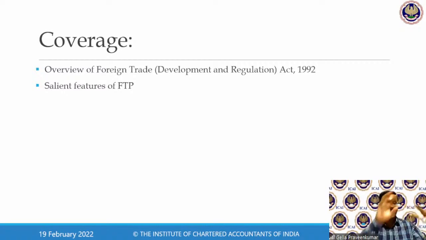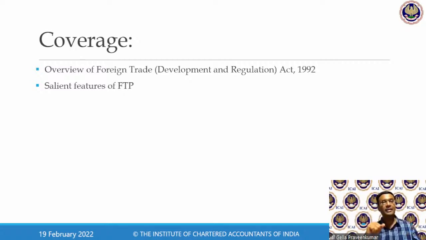So they have categorized your exports and imports into these three aspects. Sorry, precisely this is given for imports. So I have my category of imports, which is free, restricted, or prohibited. Now, when we read this foreign trade policy, students, most of its principles are in line with my customs law.